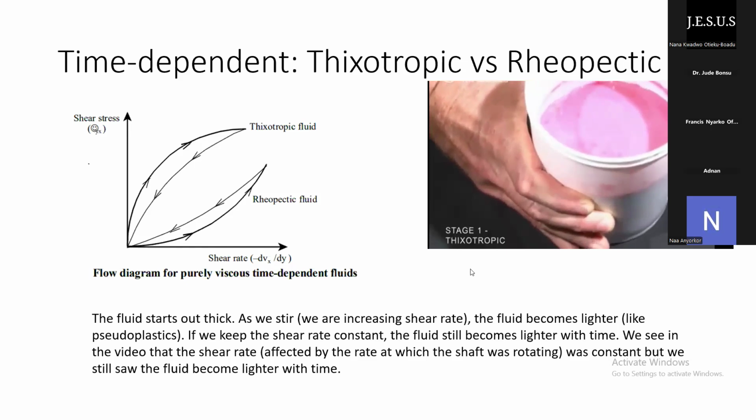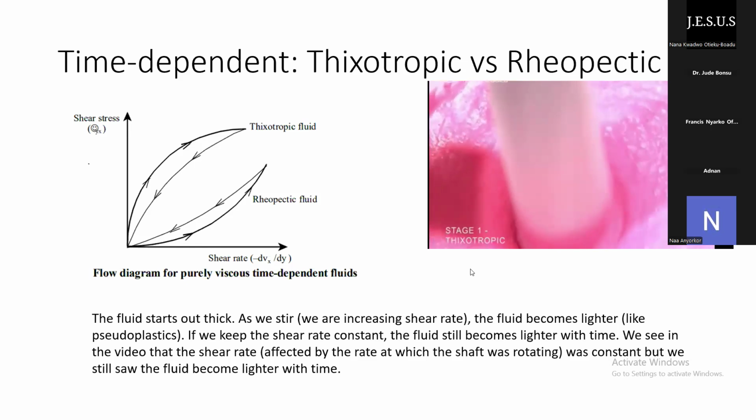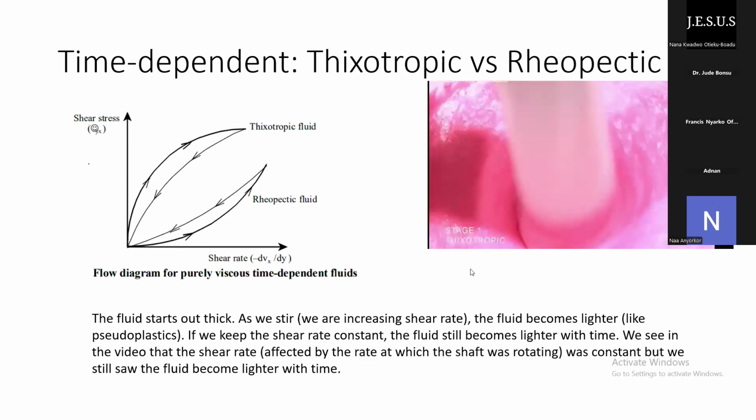This is thixotropic, but for the rheopectic, something like this, there's a constant stirring. When you say viscosity decreases, that means it becomes lighter.